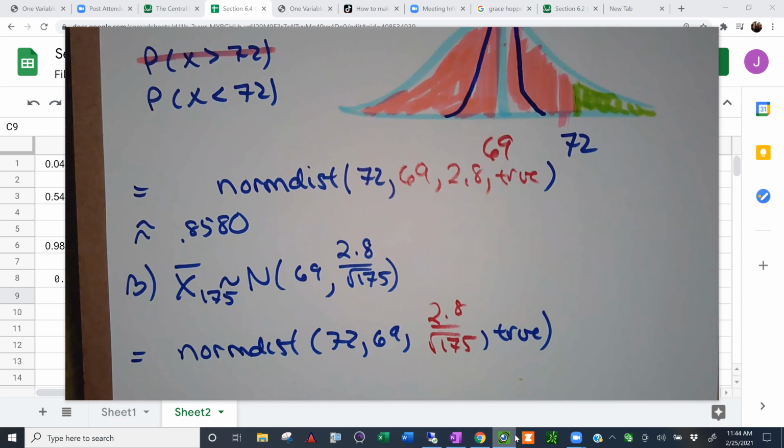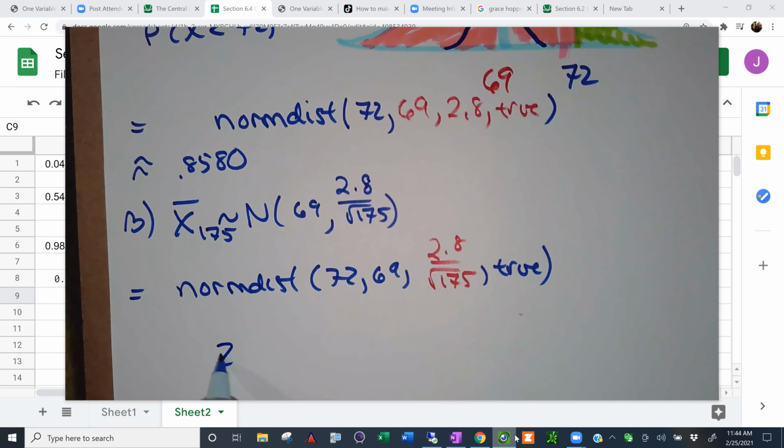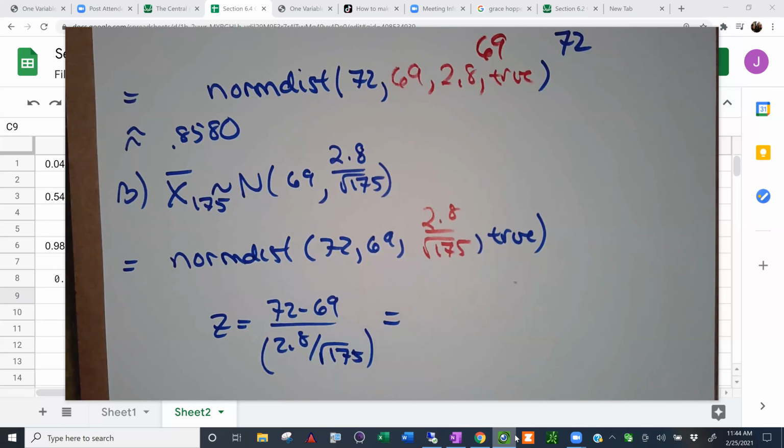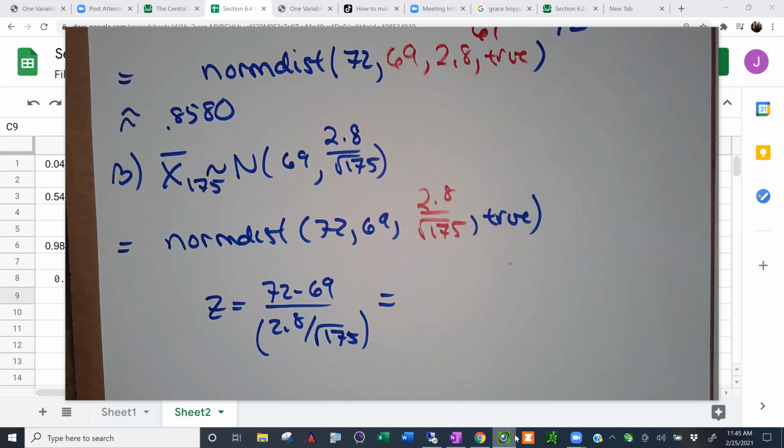Actually, let's take a look here. It might not be a bad idea to calculate the z-score for this. So z equals x, which is 72, minus 69, divided by the standard deviation, 2.8 over the square root of 175. So I'm just going to calculate the z-score and find out how unusual that is. Now, do you remember the empirical rule?